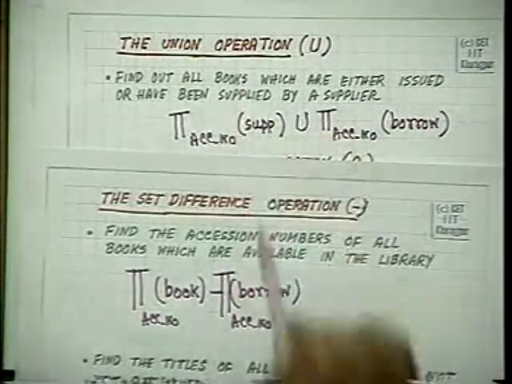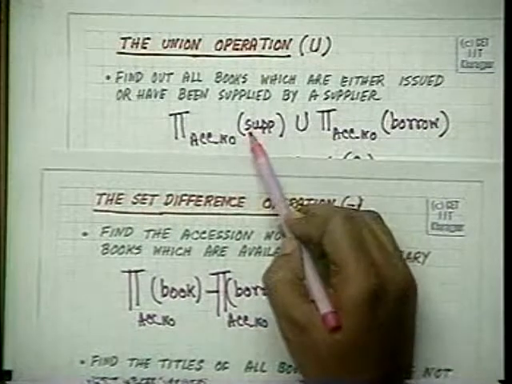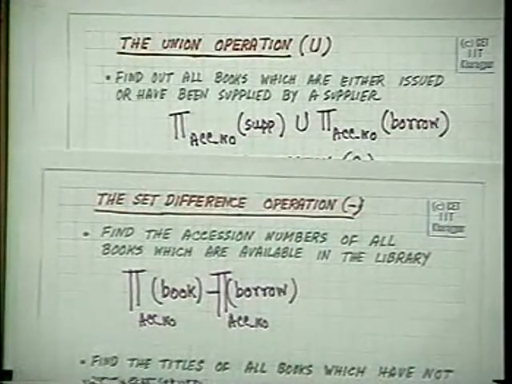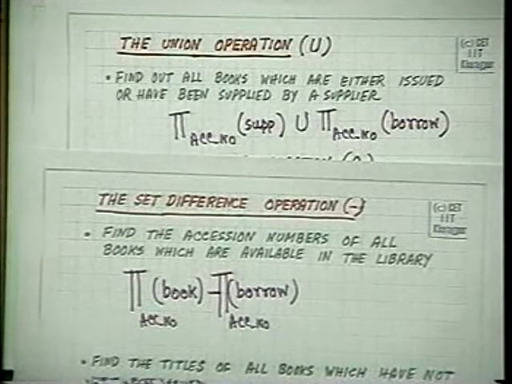So union and set difference are defined on two relations which have got identical attributes. So we finish off with the fundamental operations.